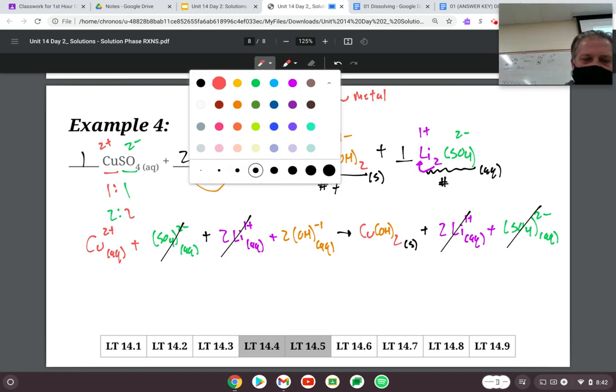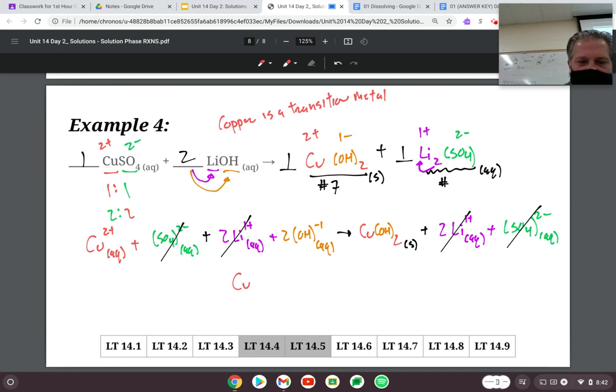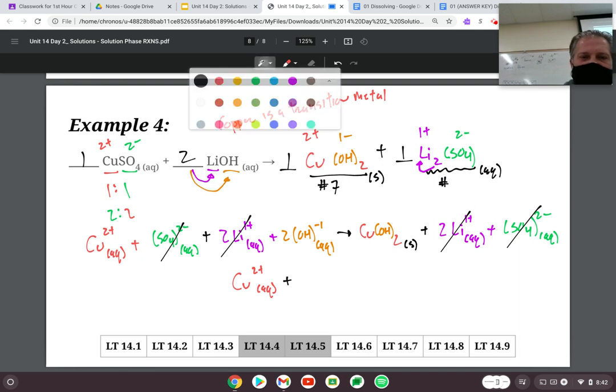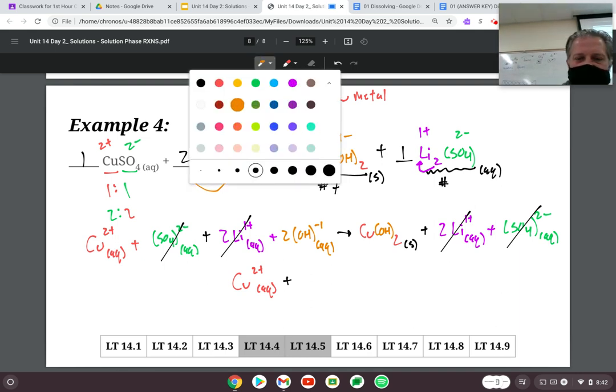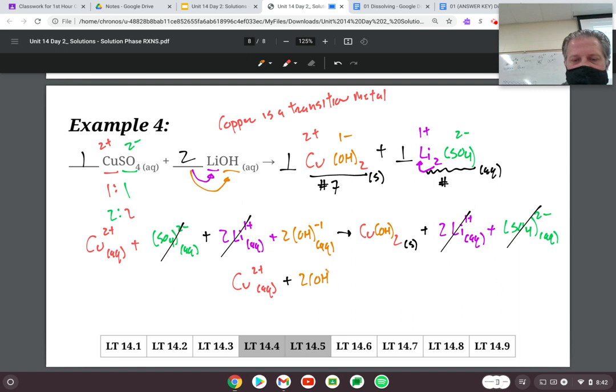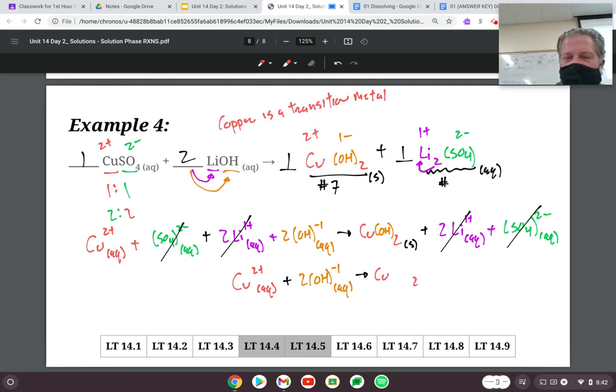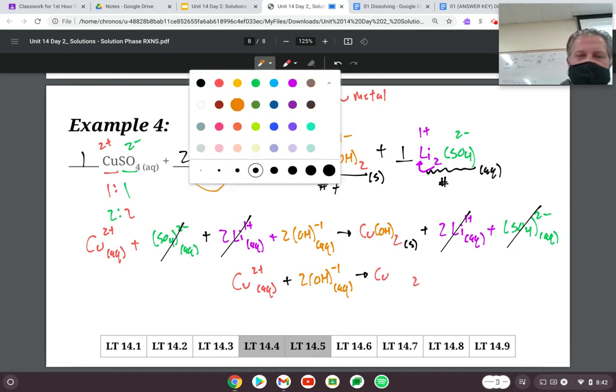ionic equation. So it's copper, which is +2, and aqueous, reacts with 2 hydroxides, which is -1, and aqueous, to produce the copper hydroxide, which is my solid.